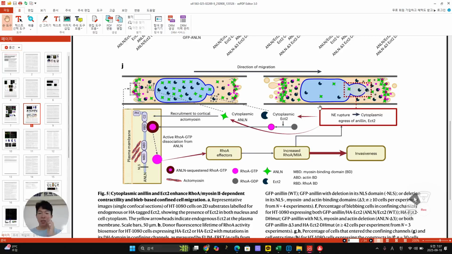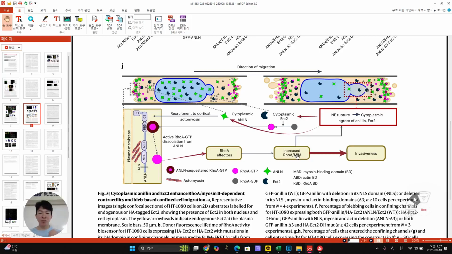So once again, when a cell needs to migrate, it has to activate RhoA myosin 2A activation, right? For that, they need some upstream signal. The upstream signal is RhoA GTP, okay? So RhoA is increased and myosin 2 activity is enhanced.